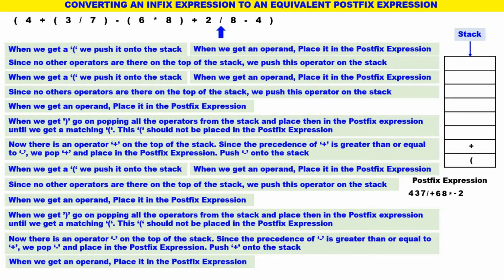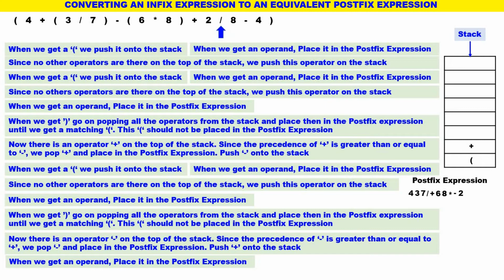Next symbol is slash. Now, on the top of the stack you have plus. But carefully understand, precedence of plus, is it greater than or equal to the precedence of slash? No. Plus is not equal to the precedence of slash also. Plus is not greater than the slash also.